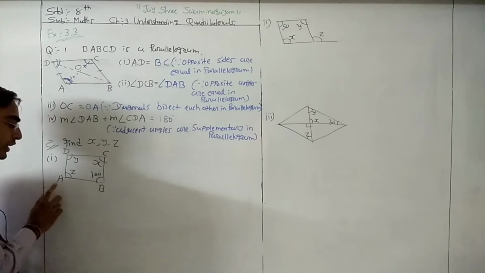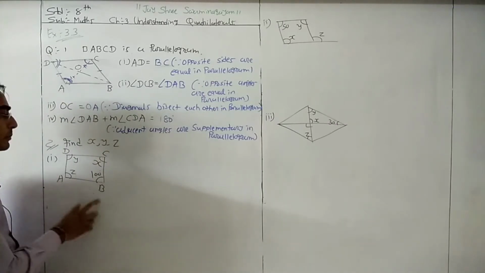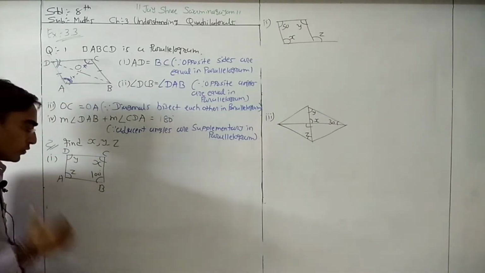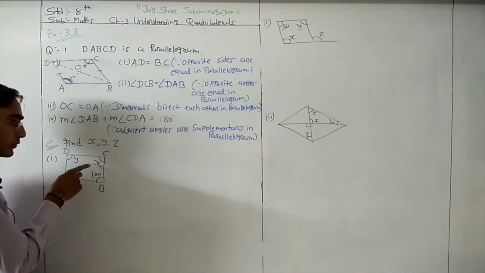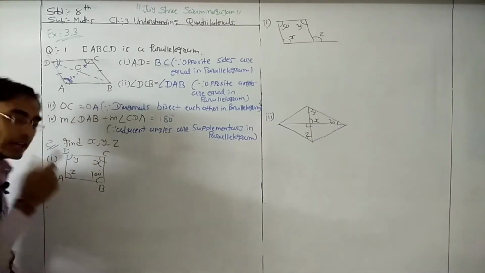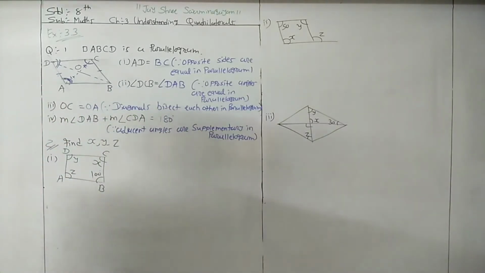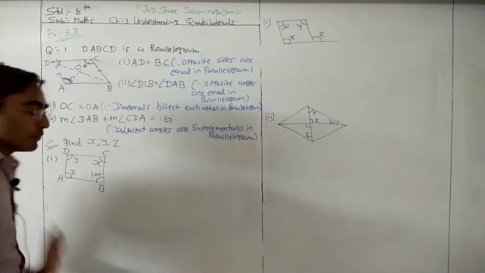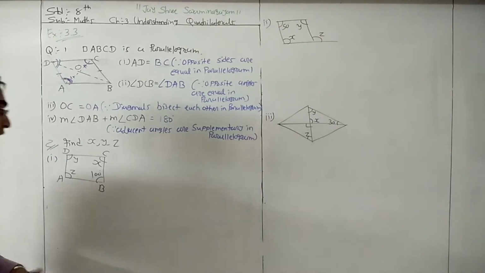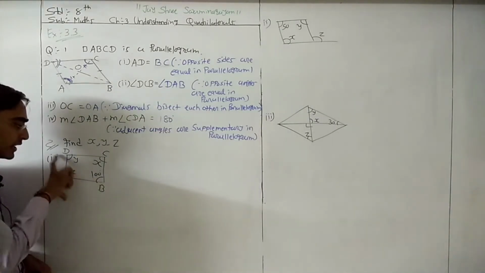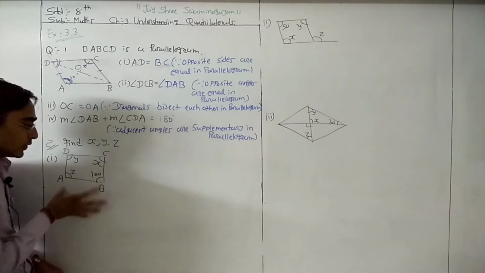First of all, in parallelogram ABCD, one angle 100 is given to you. We need to find the value of x, y and z. So from one angle, how can we find the other angles? First of all, B and D are both equal.